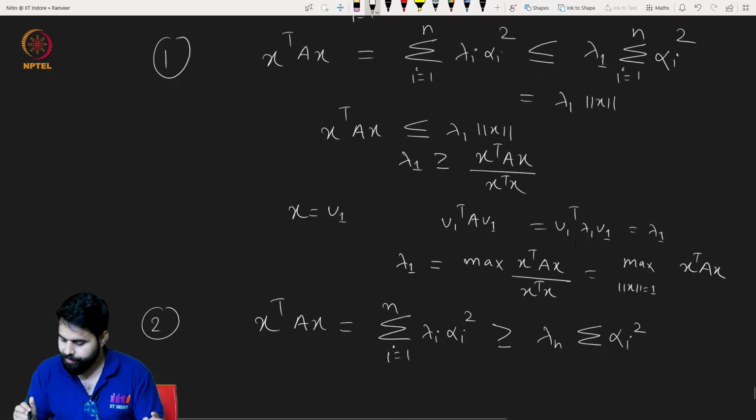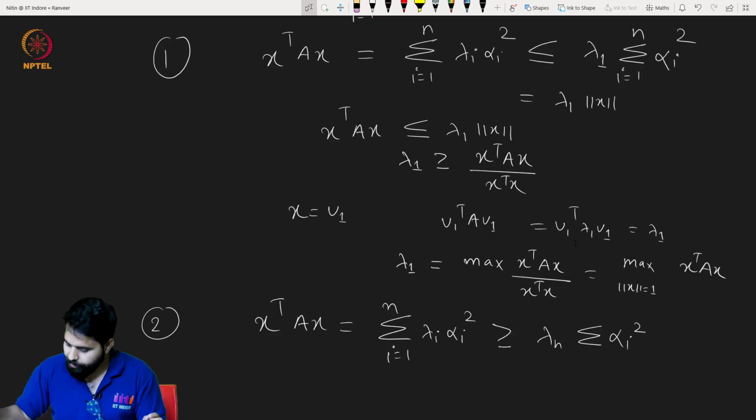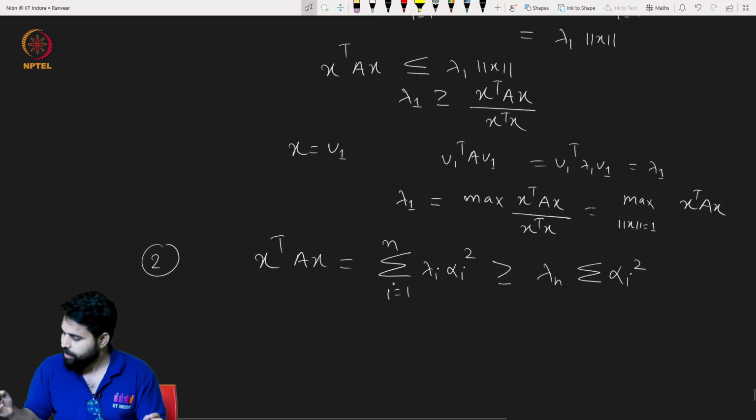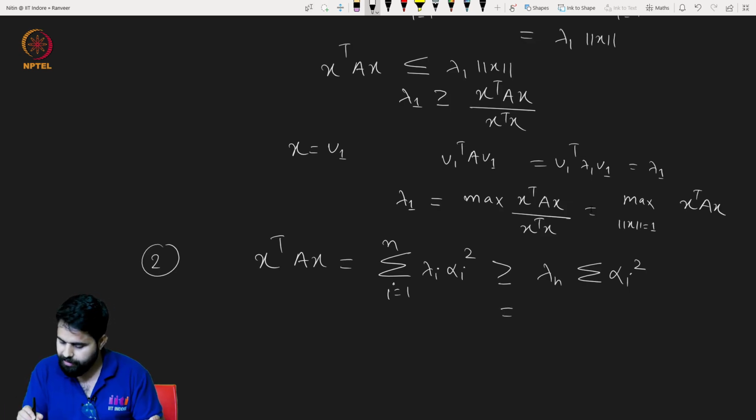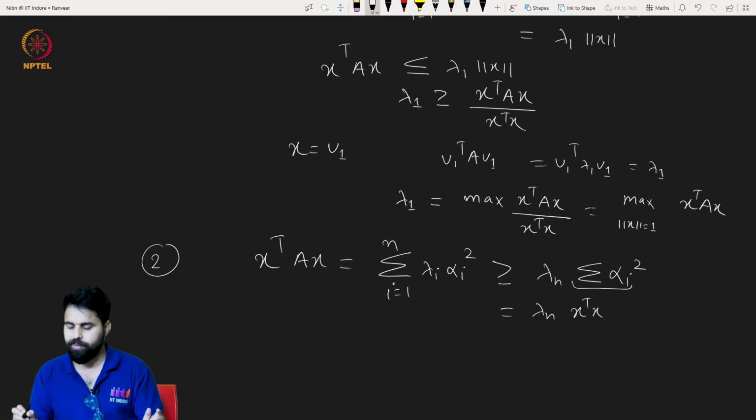So this part will always be less than or equal to X transpose AX, and lambda n times the summation is nothing but lambda n times X transpose X, or norm X squared.